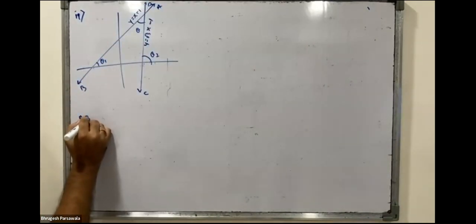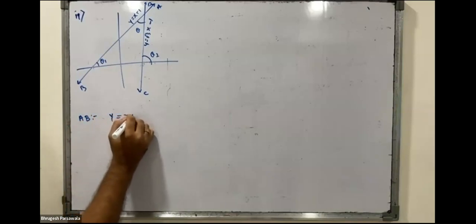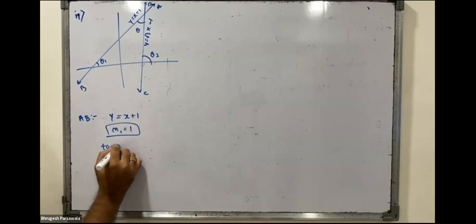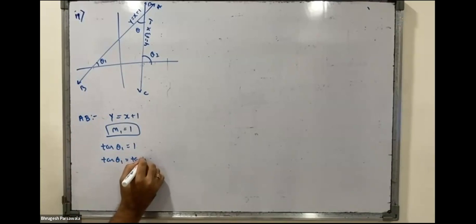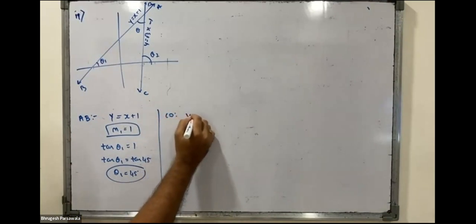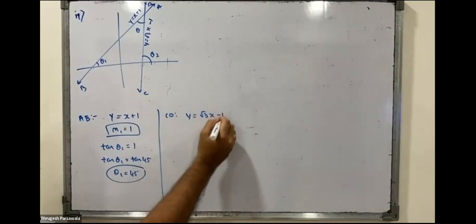So for AB, my equation of line is y equals x plus 1. So m1 is 1. Tan of theta 1 is 1. But tan of what angle is 1? Tan of 45. So theta 1 is 45 degrees. Similarly for CD, y equals root 3 x minus 1.